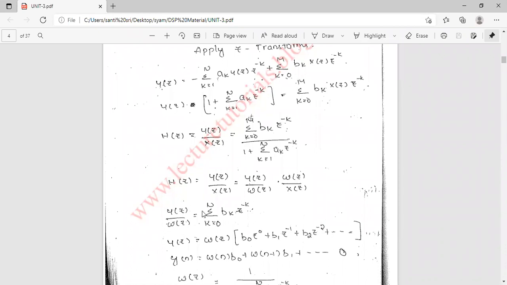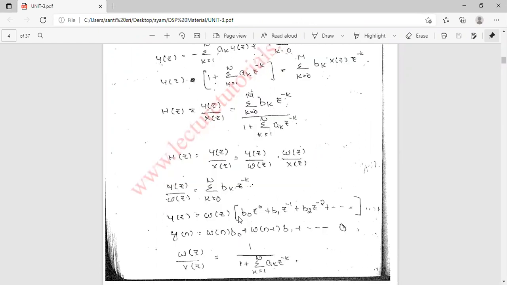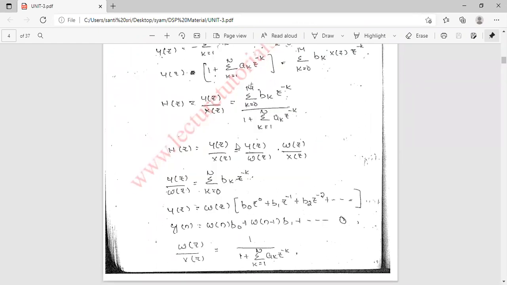Y of z by w of z equal to sigma k equal to 0 to m b k into z power minus k.